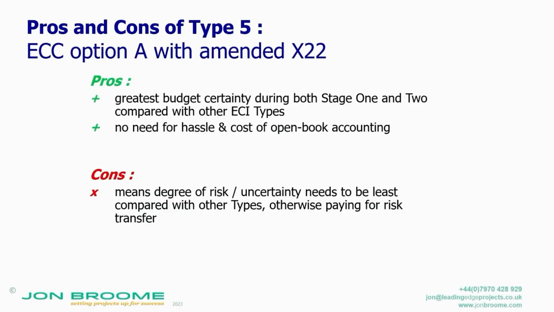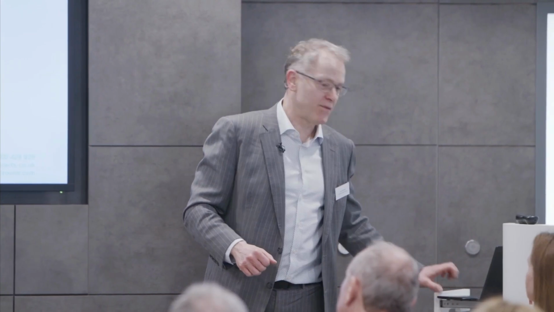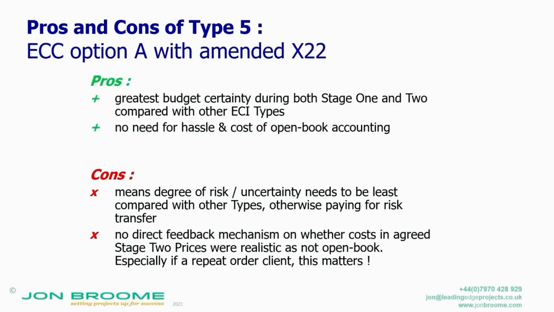There's no need for the hassle and cost of open book accounting, and I'll say more on open book accounting. But open book accounting compared with is it activity complete, yes or no, is a hassle. Yeah, okay. So it saves on that. But if you're a repeat order client and you've got no idea of what your projects are actually costing the contractor to build, you're just seeing the price.